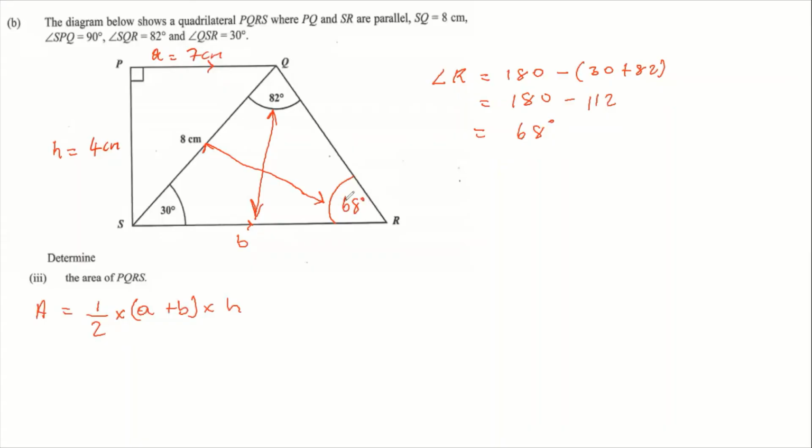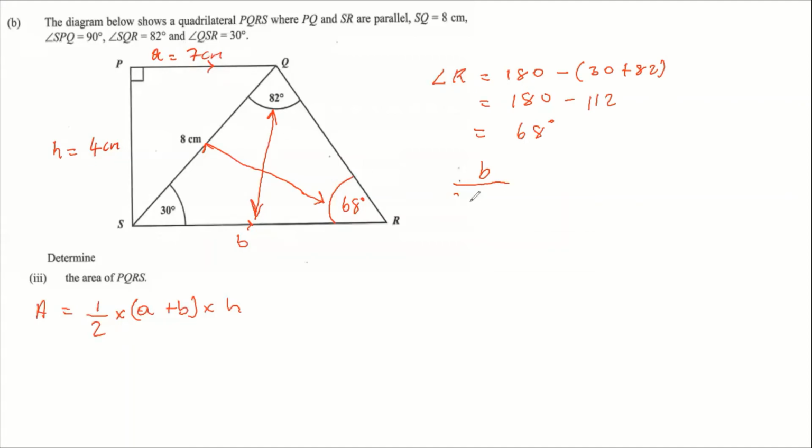Now that we know this angle, we can apply the sine rule. All right, so we know that the sine rule is B over sine of some angle, which angle now? Sine of 82.